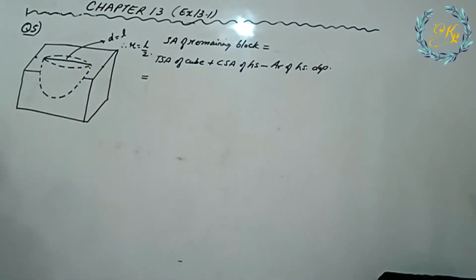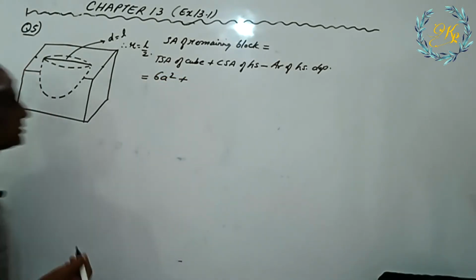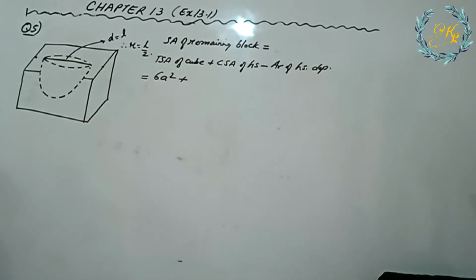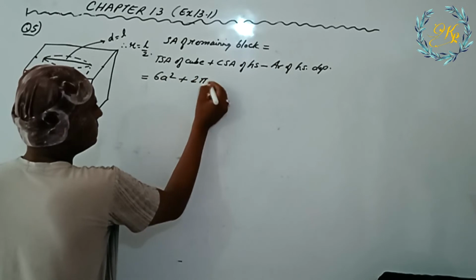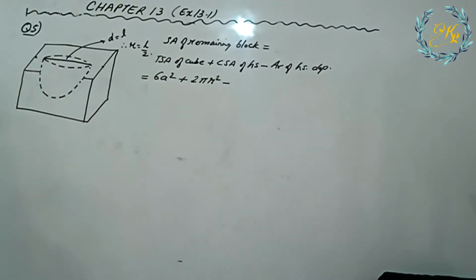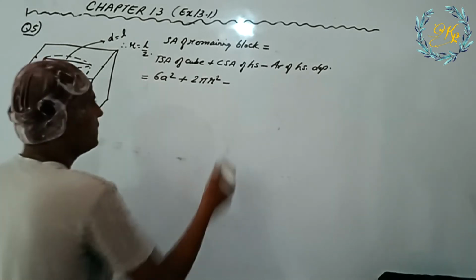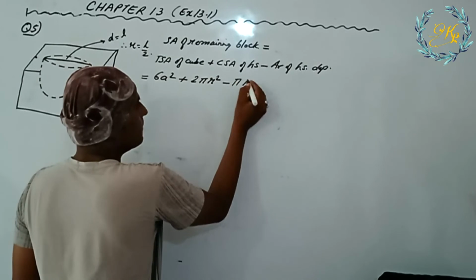The formula for total surface area of cube is equal to 6a square. Now the formula for curved surface area of hemisphere is 2 pi r square, minus the area of the hemispherical depression, which will be the area of circle, pi r square.